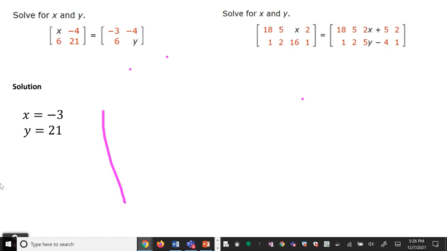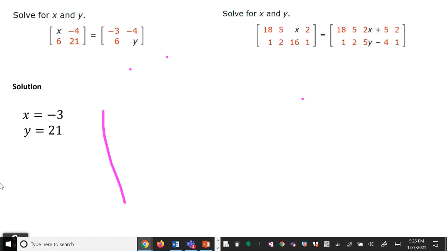And then we have the negative 4 and the negative 4, so that's okay. And then we have the 6 and the 6, so that's okay. And then we have 21, so that's going to tell me that y has to be 21. So my solution would be x is negative 3 and y is equal to 21.